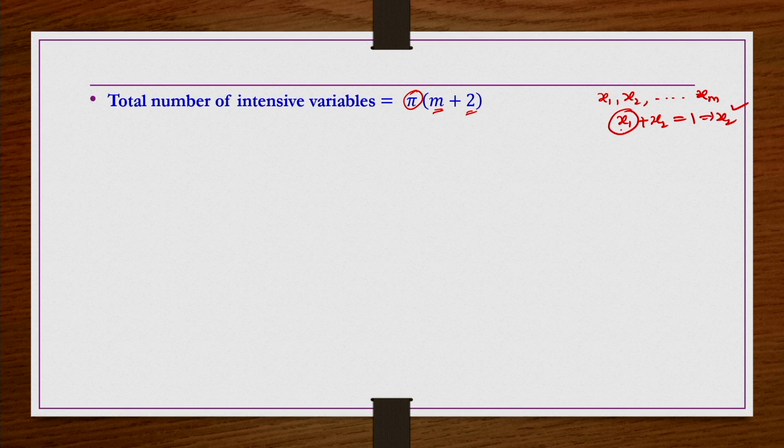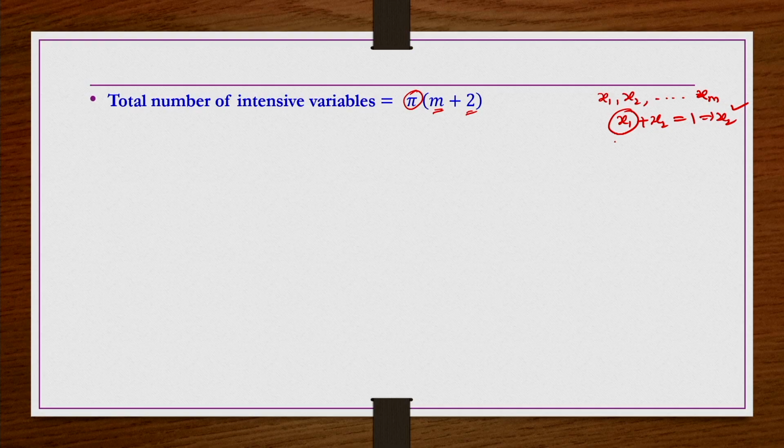That means out of x1 and x2, only one of them is an independent variable, the other one is not. Similarly, if you have a ternary mixture, then x1 plus x2 plus x3 should be equal to 1. That means out of x1, x2, x3, if you know any two, the third one can be found. So, that is the reason all of them are not independent variables.